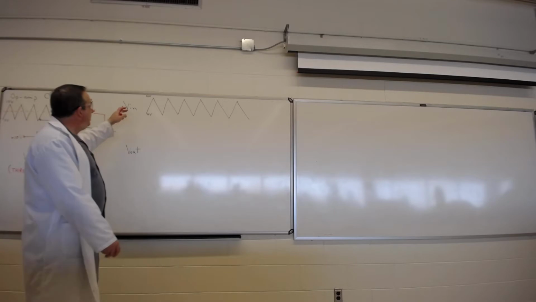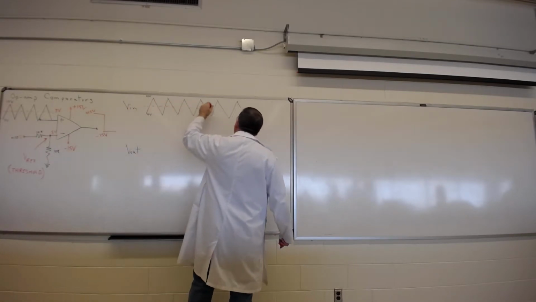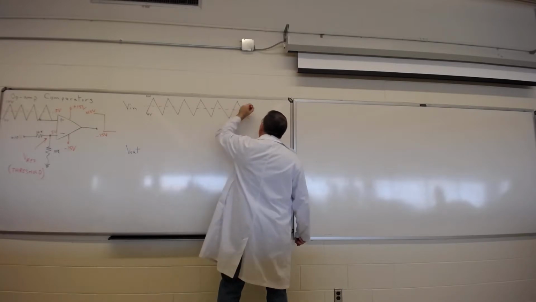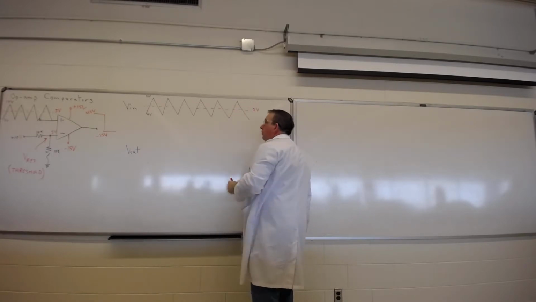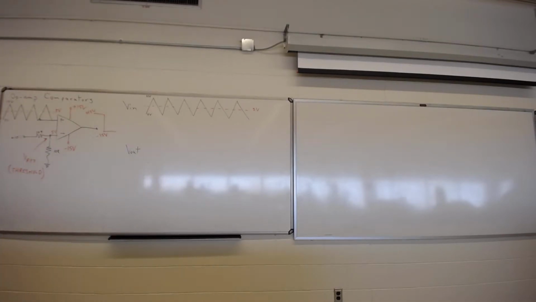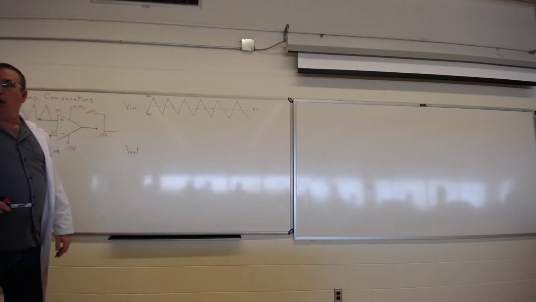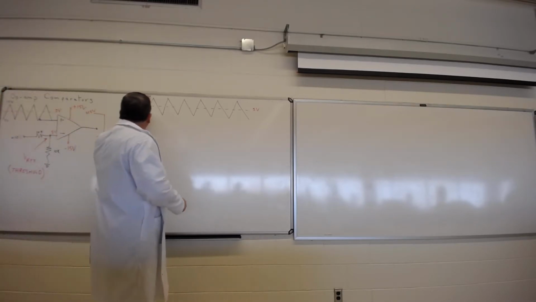So my little timing diagram over here, I'm just going to indicate it's 5 volts. So based on that information, I can determine what the output would be. So I'm just going to draw some lines here.